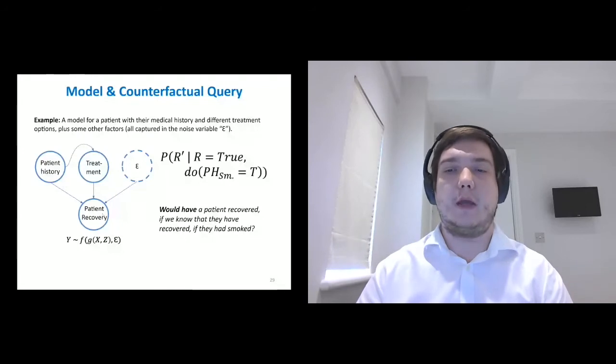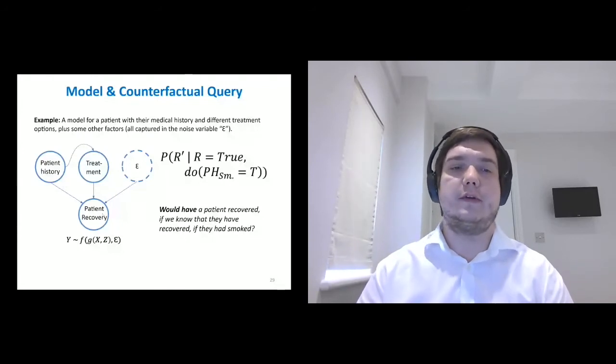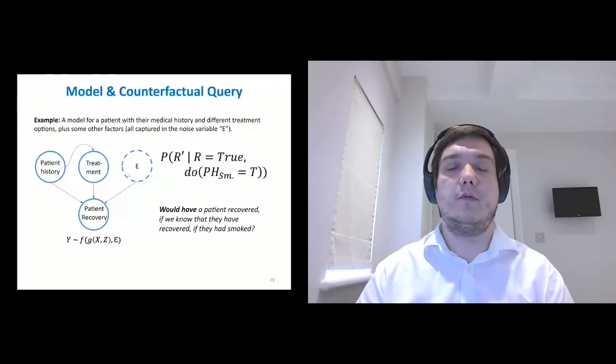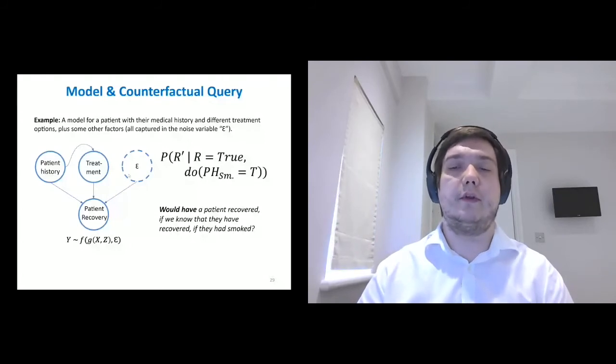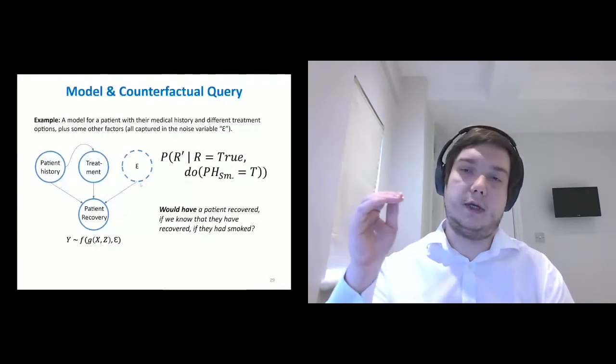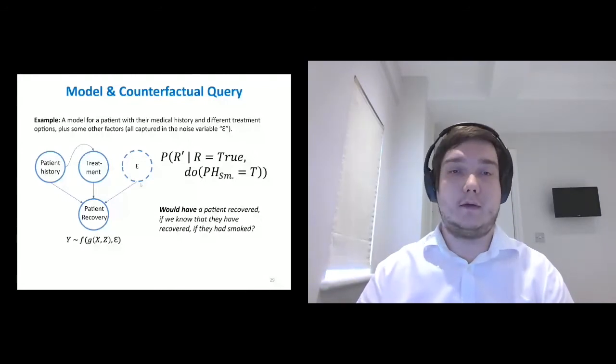For example, we might be interested in a model where there is patient history and treatment and some noise variables, and patient recovery depends on all of this. And we're interested in what would have happened, would the patient have recovered, if we know that they have recovered, but if they had smoked, if we intervened on that risk factor, for example.